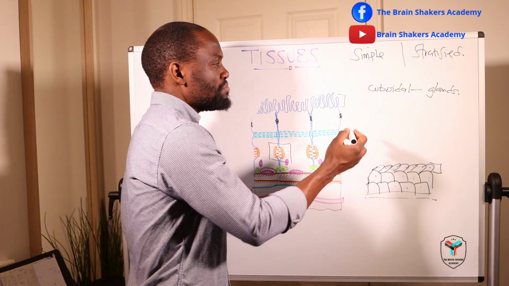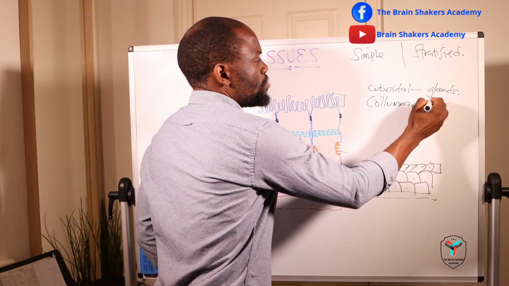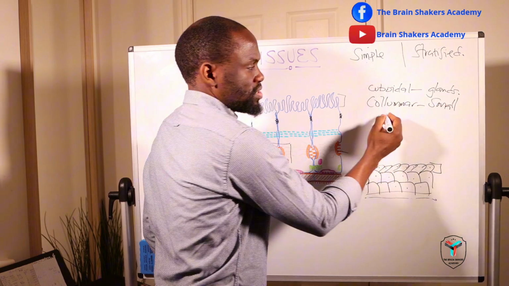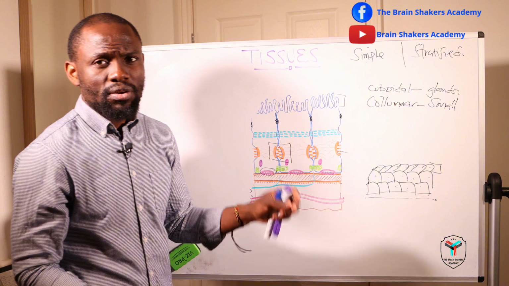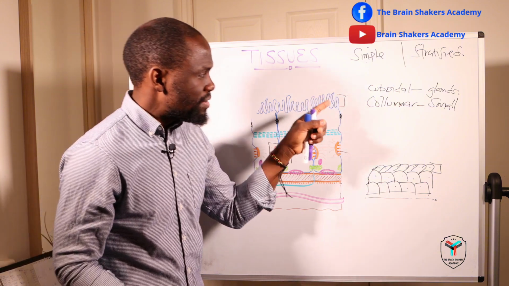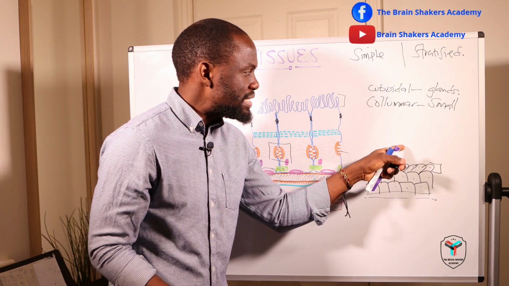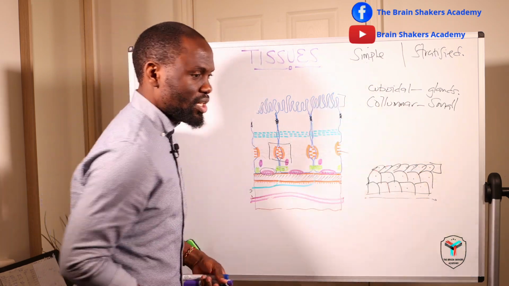The simple columnar, you will find it in the small intestines. This one is not ciliated. So columnar, you find it in the small intestines where you are going to find the microvilli there. If you have a simple columnar ciliated, then that one changes and you will find that one in the oviduct.